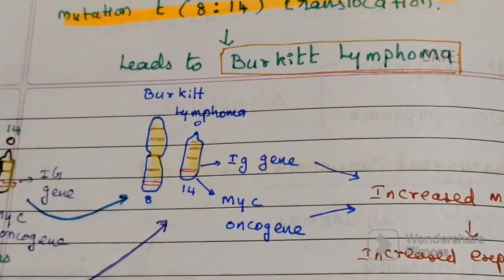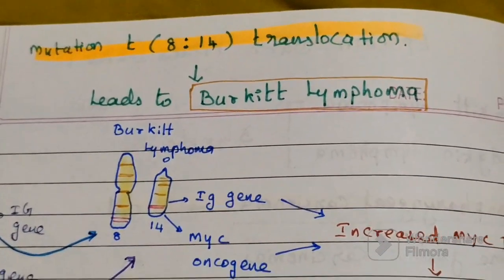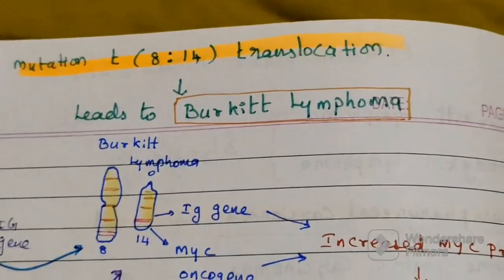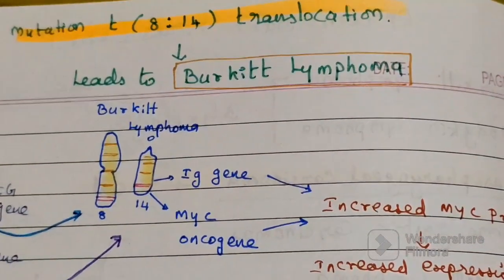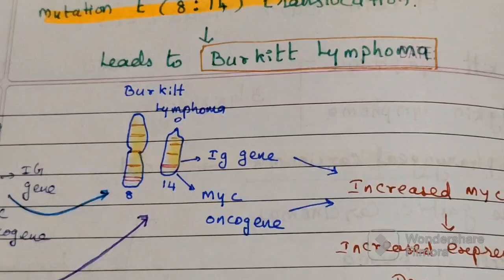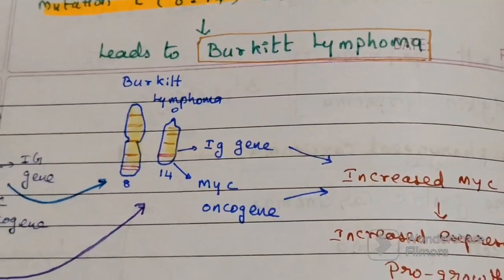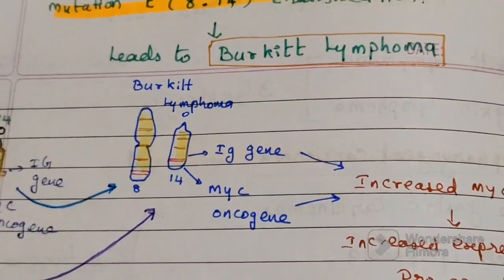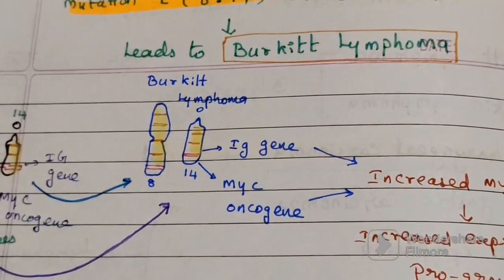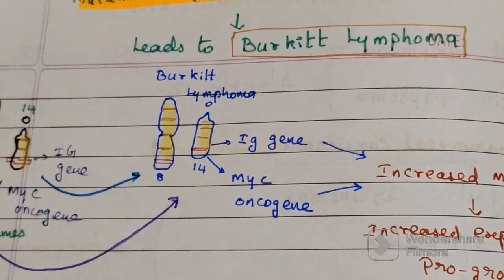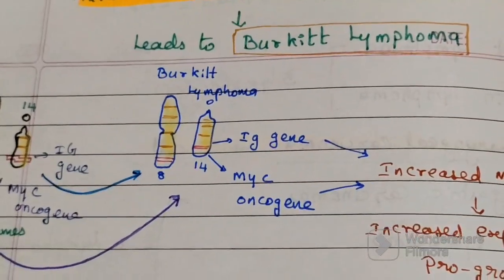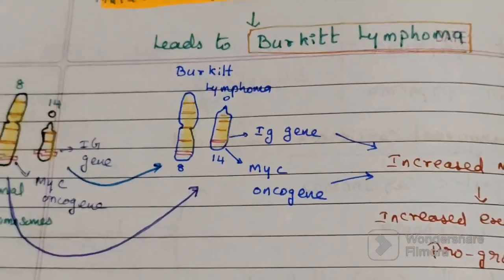Because of this translocation, it can lead to Burkitt lymphoma. In short, Epstein-Barr itself does not cause Burkitt lymphoma. Increased survival of B-cell lymphocytes leads to Burkitt lymphoma.